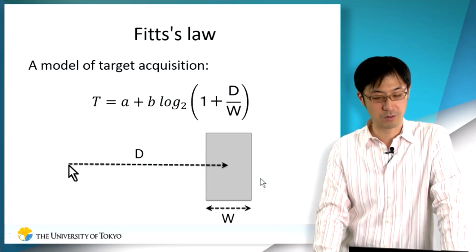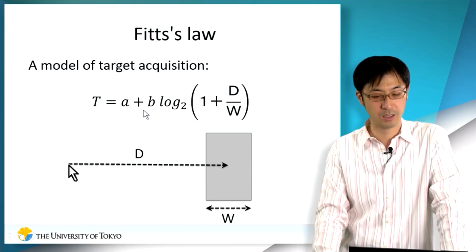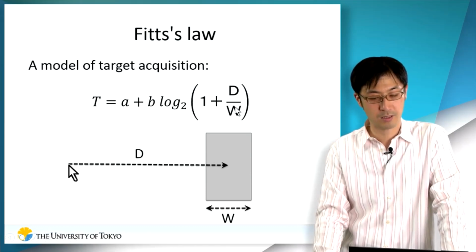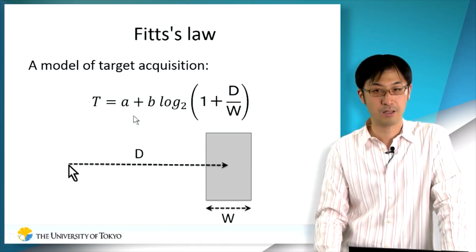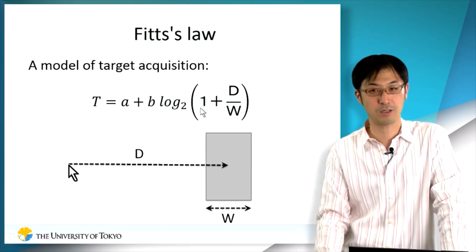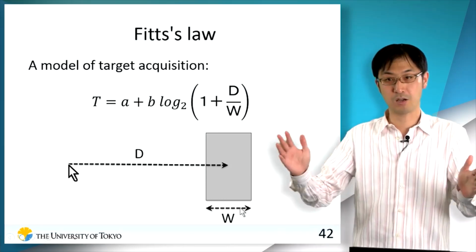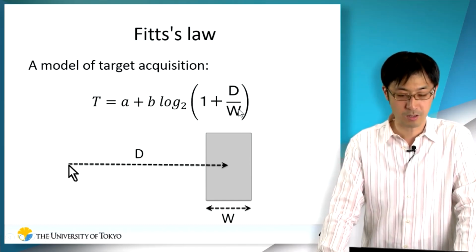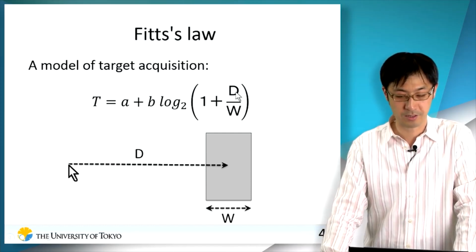In this situation, target acquisition or pointing time is modeled like this: time equals a plus b log, and inside the log is 1 plus D divided by W. This means that as the distance gets longer, time gets longer with a logarithmic function. However, if the width is bigger, then time is reduced. That's the equation, and Ninja Cursors, our technique, effectively reduces this D.